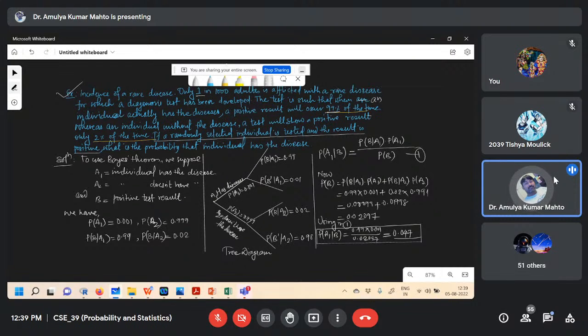So to use this Bayes theorem, we will use some notations. We suppose A1 is an event denoting the individual has the disease, and A2 is an event that the individual does not have that disease.